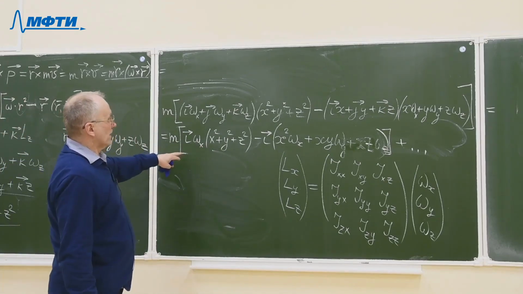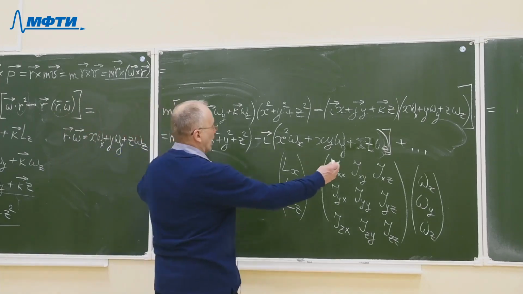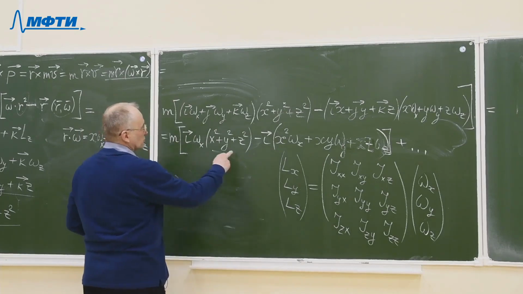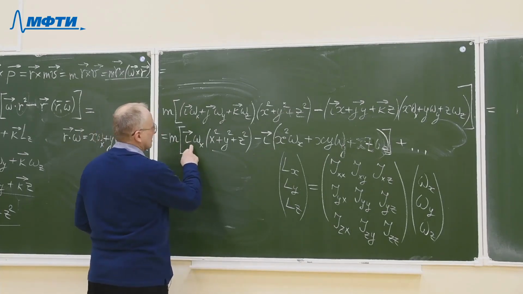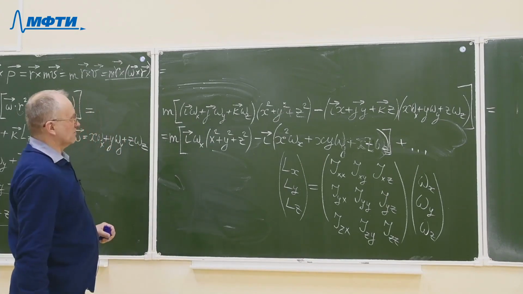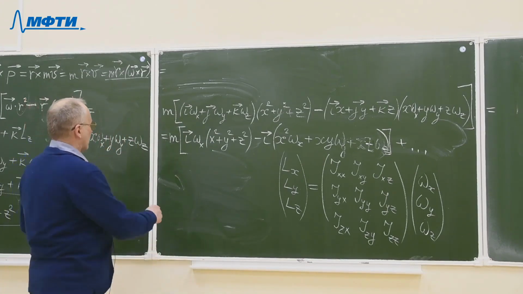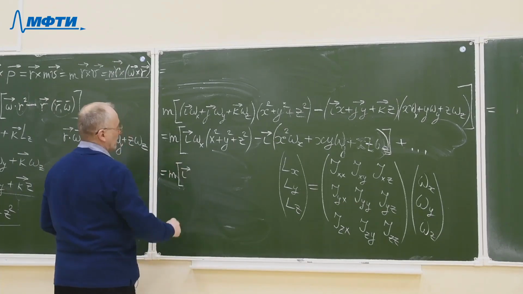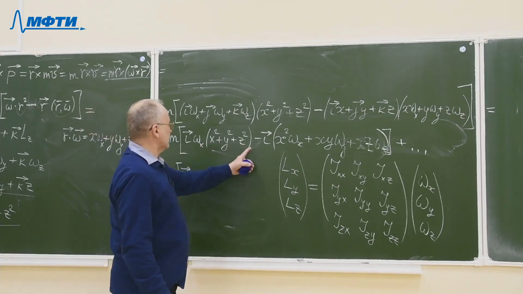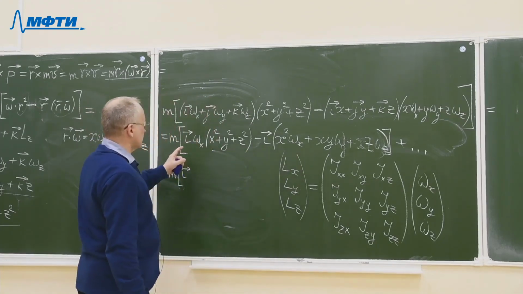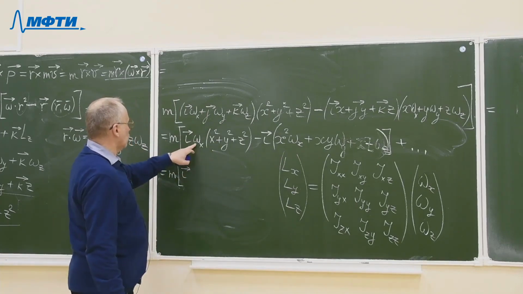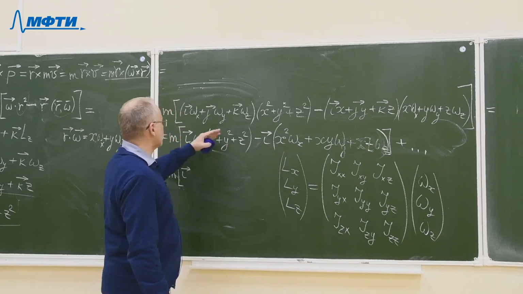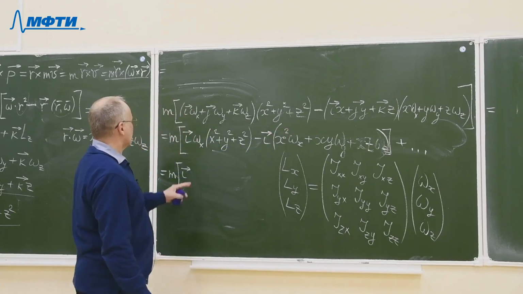So I'm interested now only in the coefficient found at vector i. I consider only this coefficient, and if I open all the round brackets here, what is found there? Omega x x squared minus omega x x squared. So this term will cancel, it will disappear.